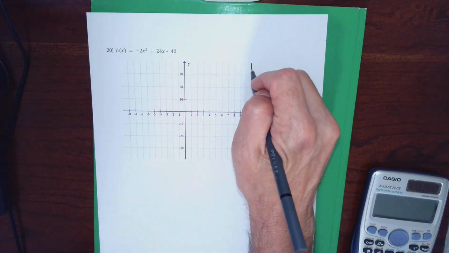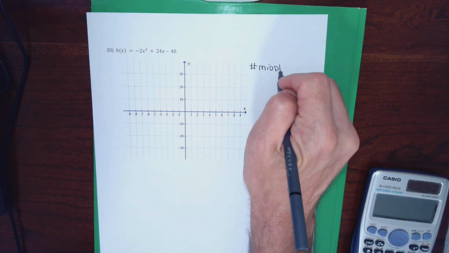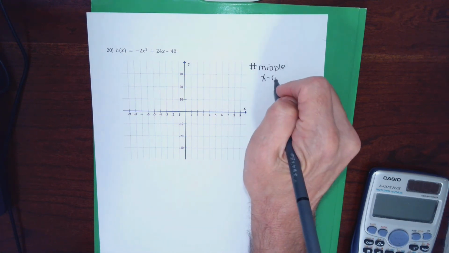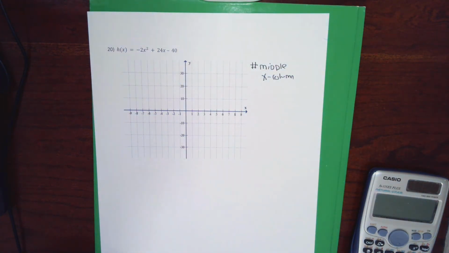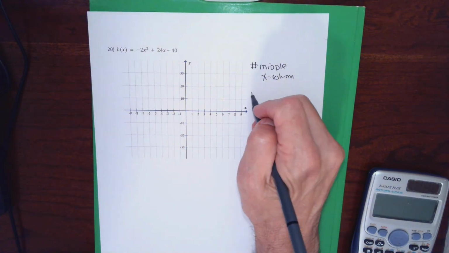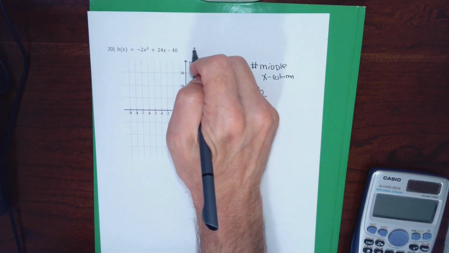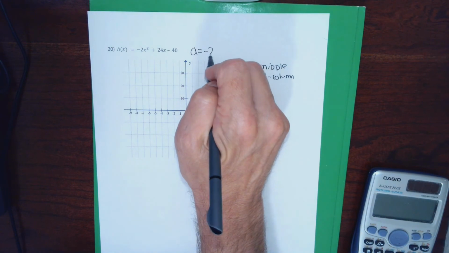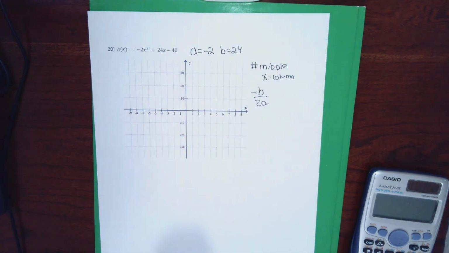So I need the number for the middle of my x column. The y's must get really large based on the numbers I threw on the y-axis. I'm sure I graphed these ahead of time and found an appropriate window. I'm going to use the formula negative b over 2a, where a is negative 2 and b is 24. This is the only kind of problem for graphing parabolas that I can't just inspect and know what the vertex is.